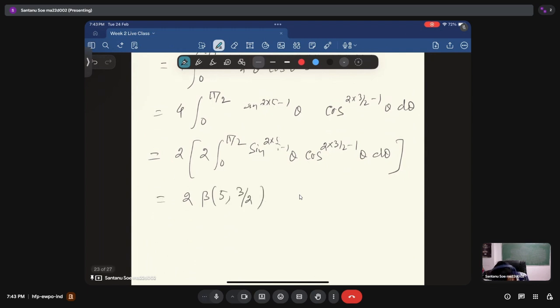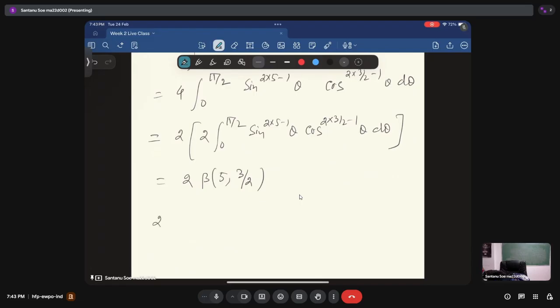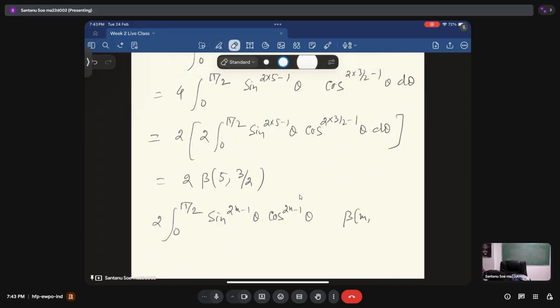3 by 2. Correct? So this is because 2 times integration 0 to pi by 2 sine to the power 2m minus 1 theta cos to the power 2n minus 1 theta d theta is the same as beta of m comma n.